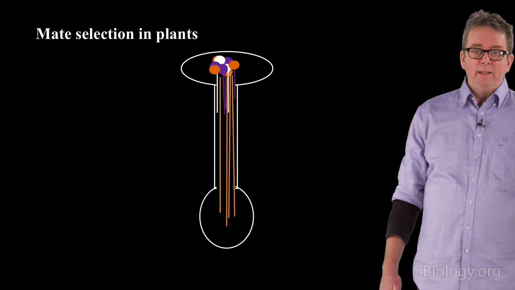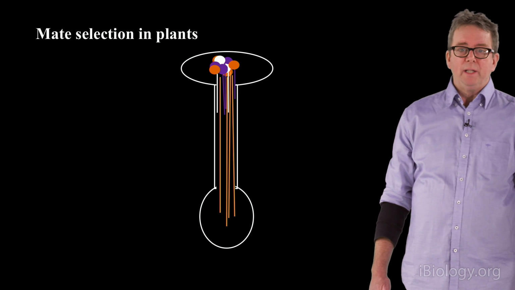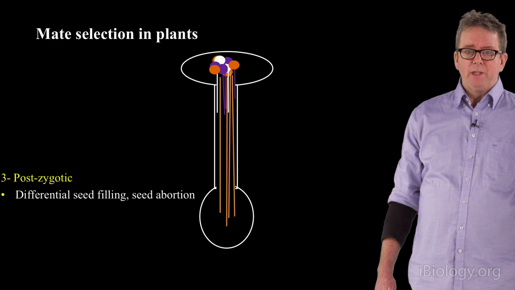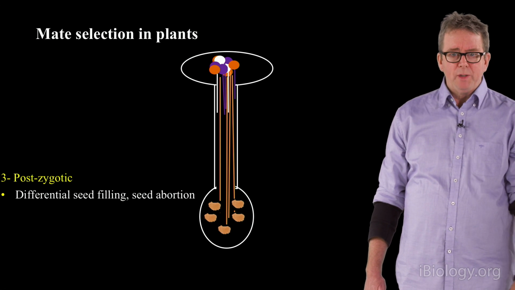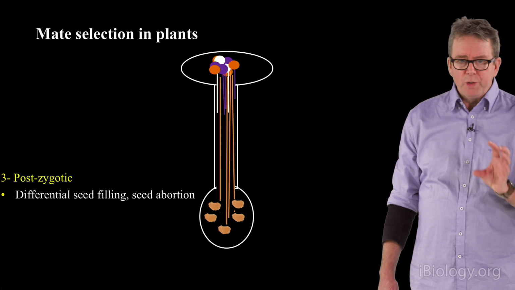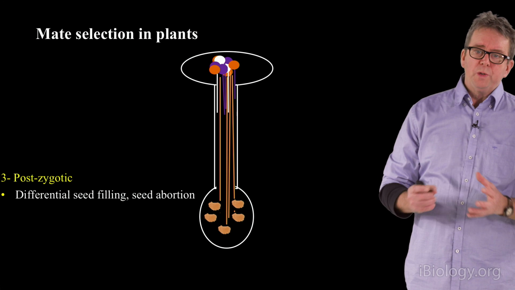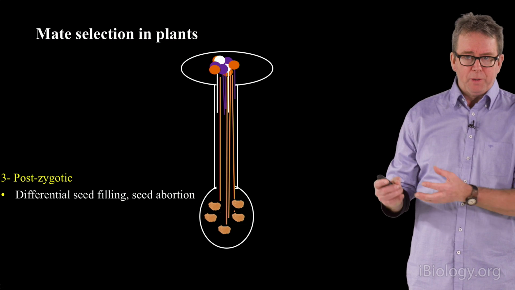And then lastly, the third arena of mate selection, which I'm not going to talk about in this talk, but I just wanted to mention, is the post-zygotic mate selection that involves differential seed filling and seed abortion once the seeds have been fertilized.